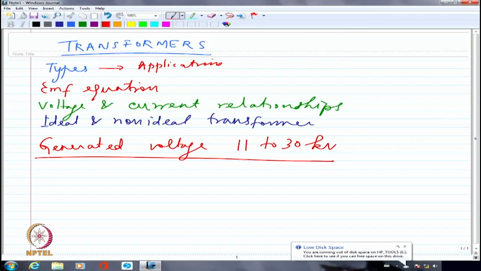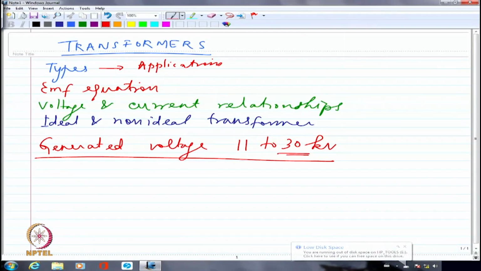So the insulation will become thicker and thicker if I go for higher and higher voltages. So that essentially prevents me from having extremely large voltages, because the insulation will become prohibitively thick. I will not be able to place it properly inside the slots. And that's the reason why we generally limit it to less than 30 kilovolts at any rate.